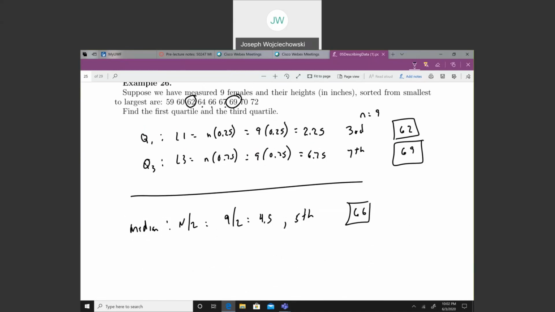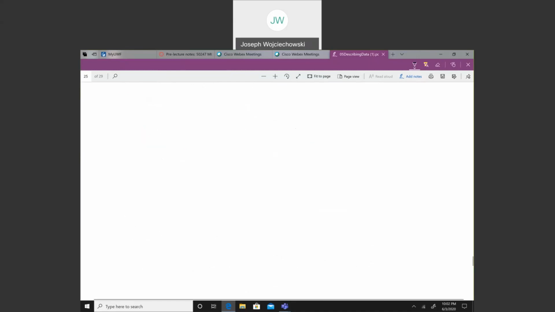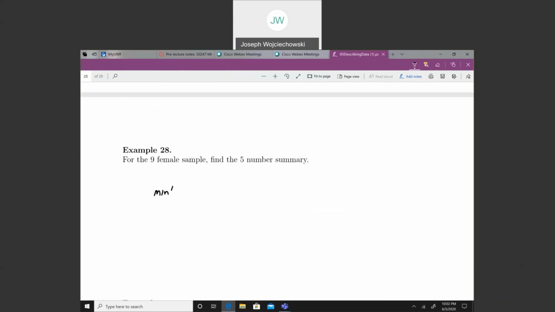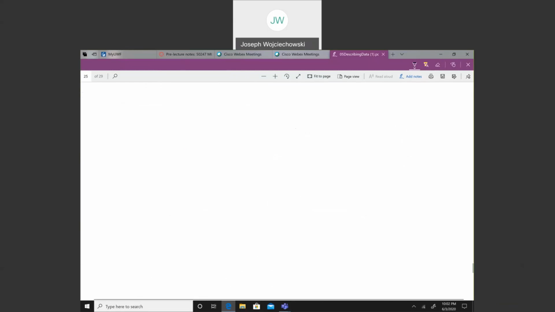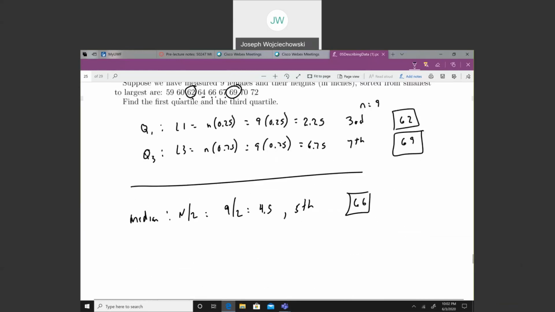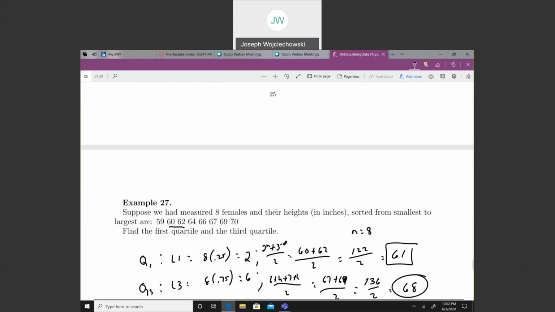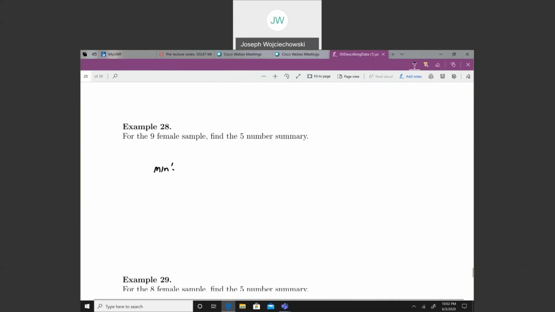So my 5 number summary is we have a minimum, which is 59. Minimum of 59. Q1 was 62.